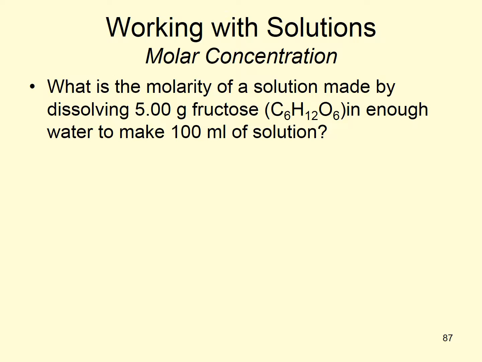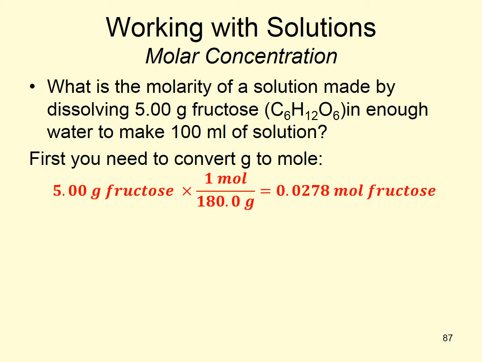All right, what's the molarity of a solution if you have 5 grams of fructose and you put it in enough water to make 100 milliliters of solution? Well, this time, again, we need moles per liter. We have neither of those. So if we take our solute, 5 grams of fructose, and we convert it to moles, grams to moles, we know how to do that. 5 grams of fructose divided by the molecular weight, 180 grams per mole, gives us 0.0278 moles of fructose.